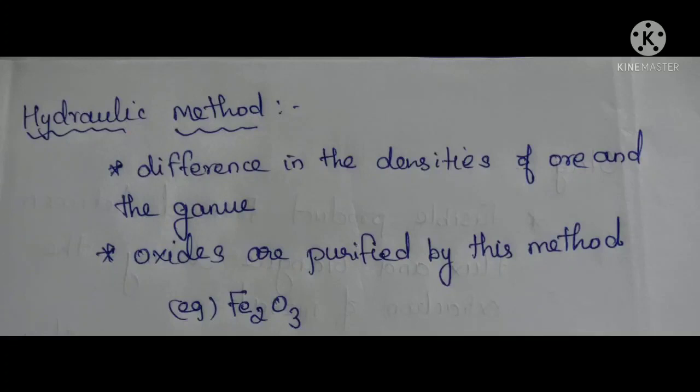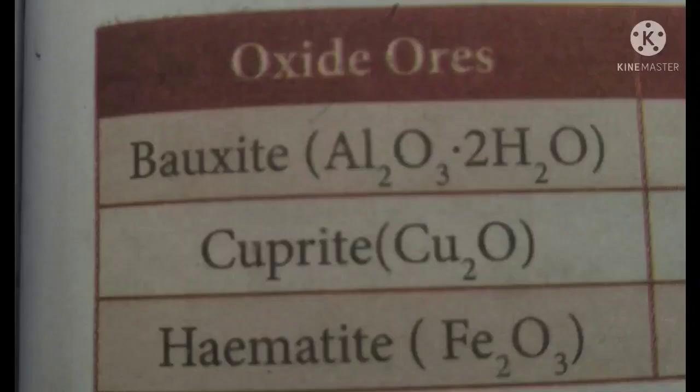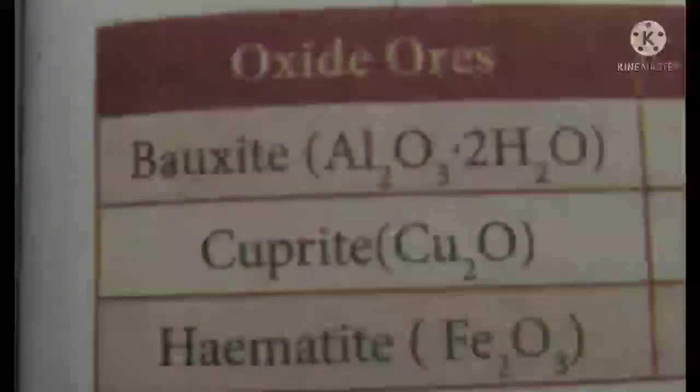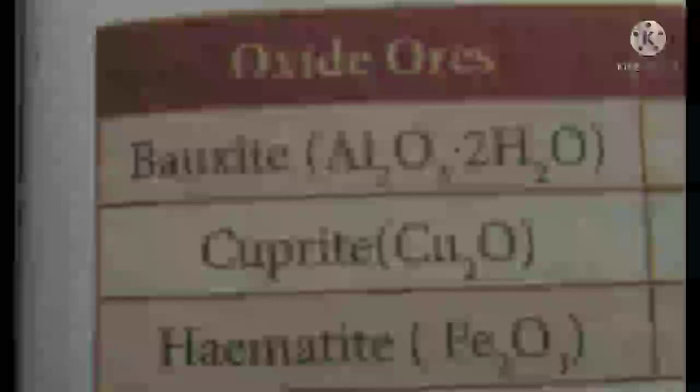Mainly oxide ores. Examples: bauxite, the ore of aluminium; cuprite, the ore of copper; hematite, the ore of iron, are commonly concentrated by hydraulic washing.